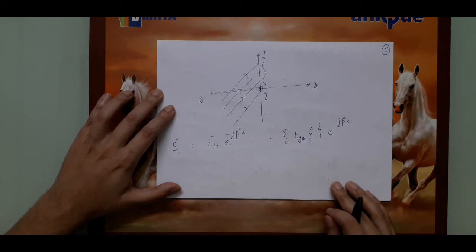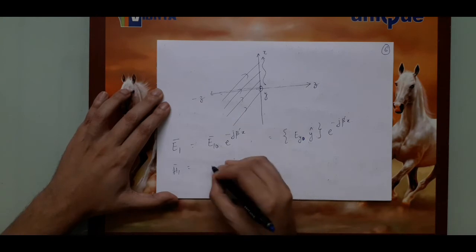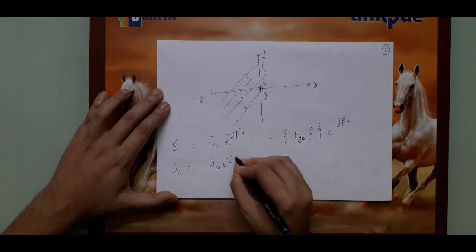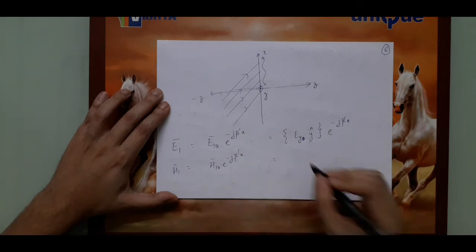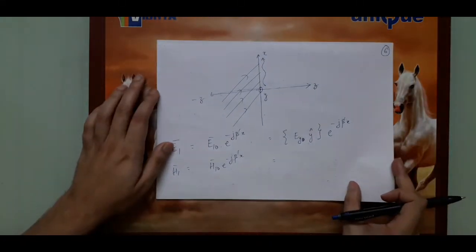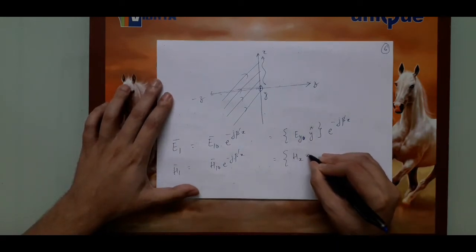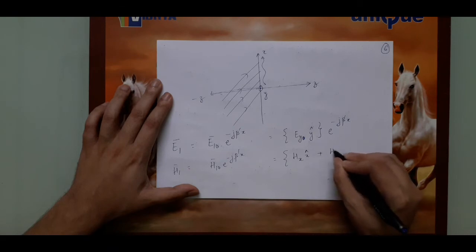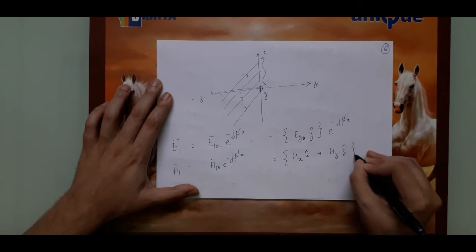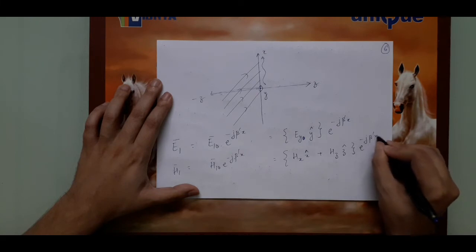So this is the way, and H1 is H10 bar e raised to minus j beta prime x. Now I know that there is some x component and some z component. So I can write that H1 will be Hx x component plus some Hz z component. Let us not worry about the sign too much at this moment, times e raised to minus j beta prime x.